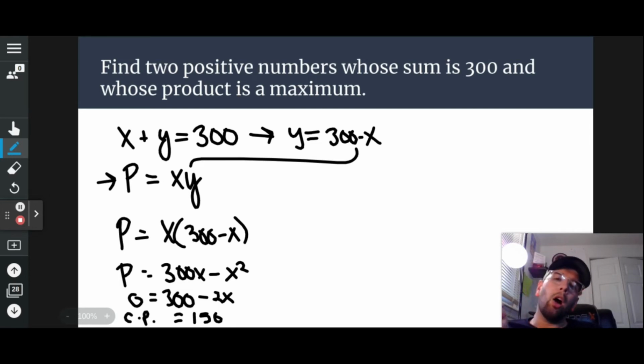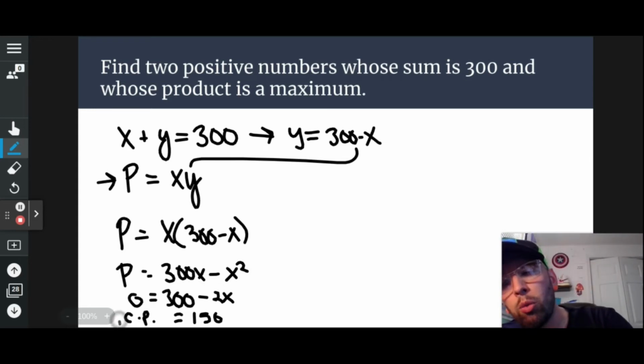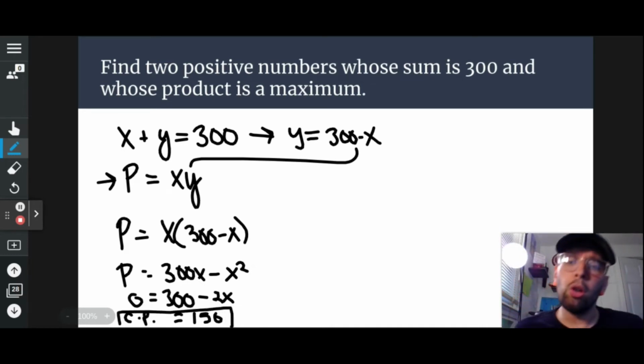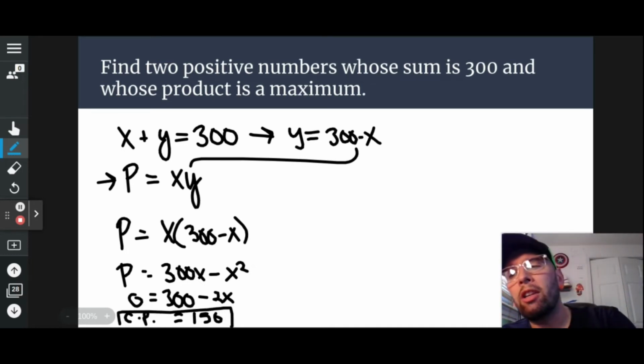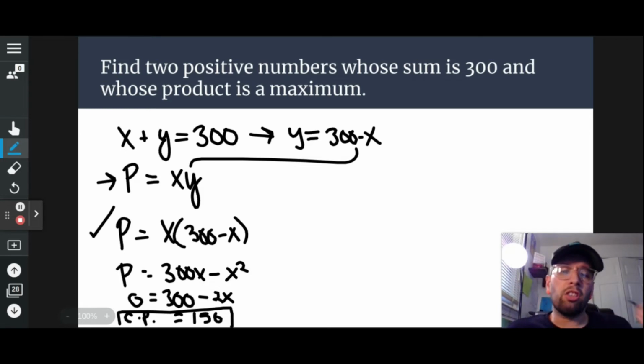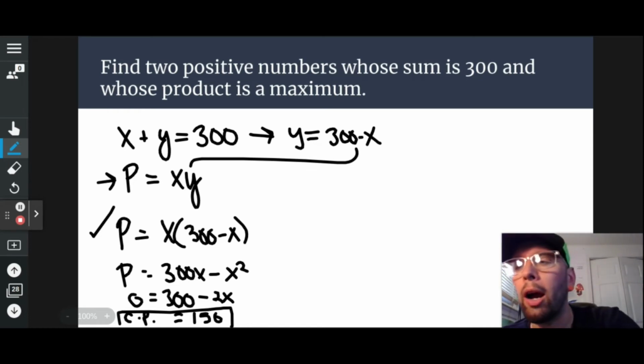Good. What I also have to consider is the largest possible number that I can use and the smallest possible number I can use. My critical point is what I'm going to plug into the original maximize equation to see if it'll give me the maximum. Also, I have to consider what we call our endpoints.